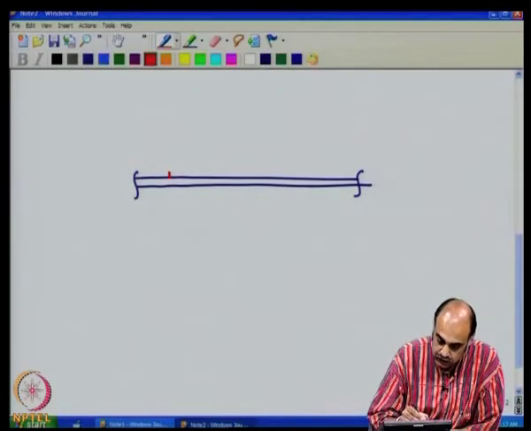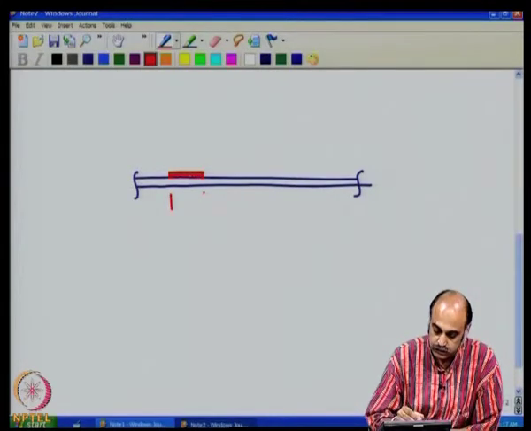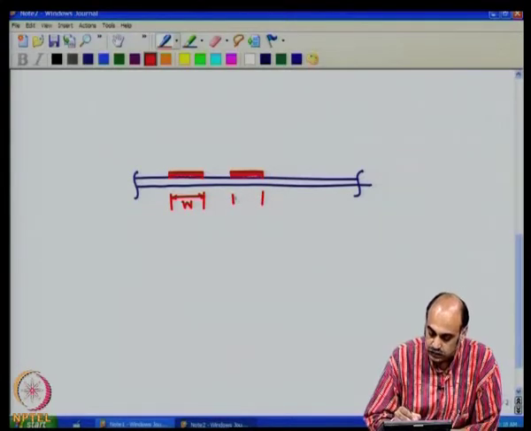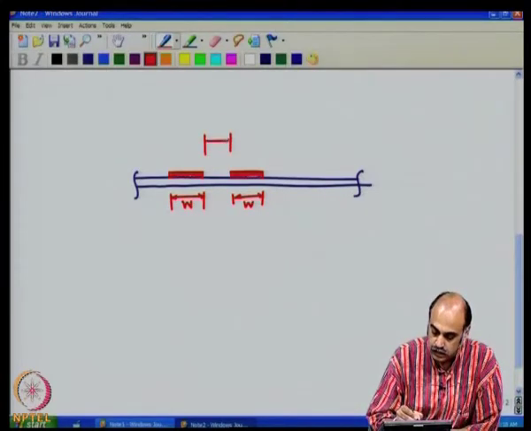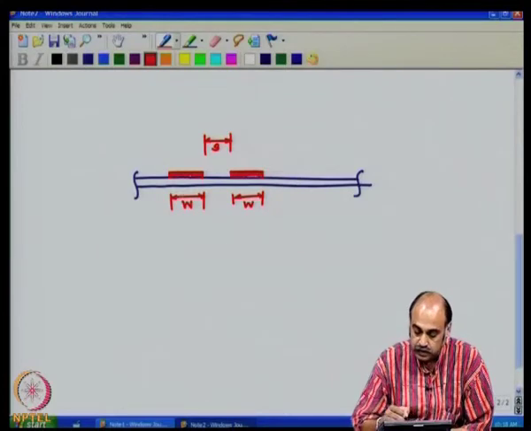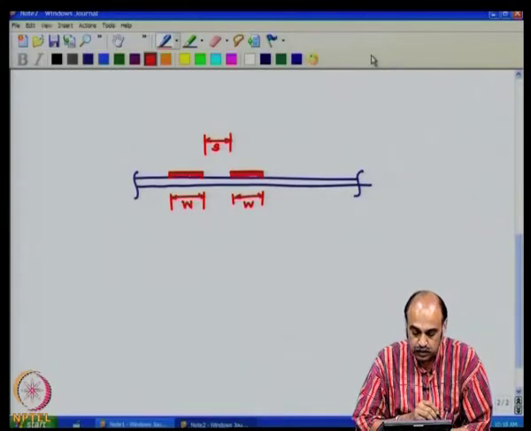You could have a conductor with some track width, let us say W, and you could have another conductor carrying another signal, having some track width, let us say the same W, with some spacing S. This is slightly more complex, because you could have tracks on the bottom side, and the length of the track need not always be parallel, it could vary, and there are many other issues and uncertainties which will come in here.